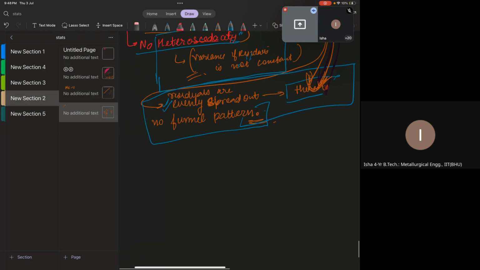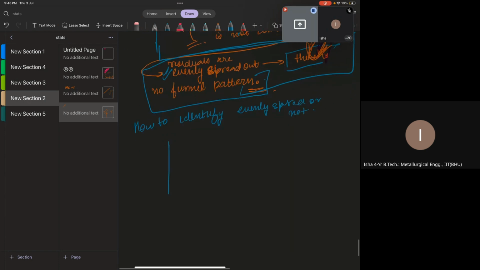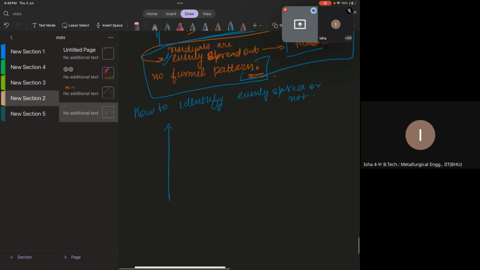But for now, let's understand how to identify whether residuals are evenly spread or not. When you plot a graph of residuals versus Y predicted, then in this graph, these are the residuals.